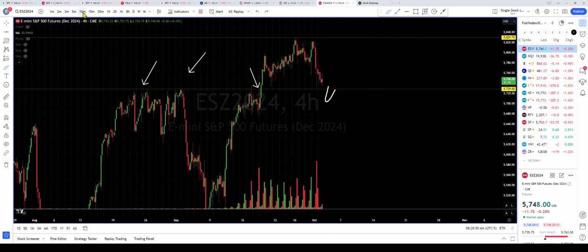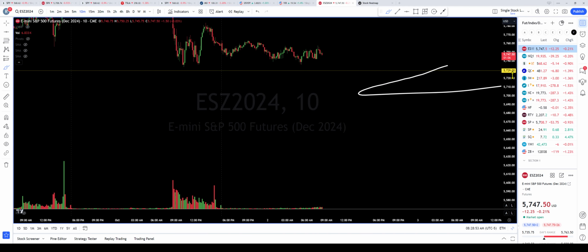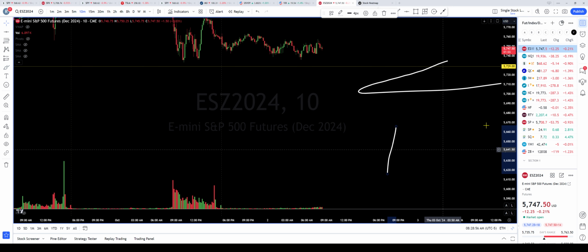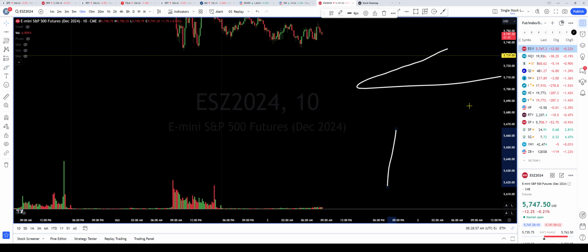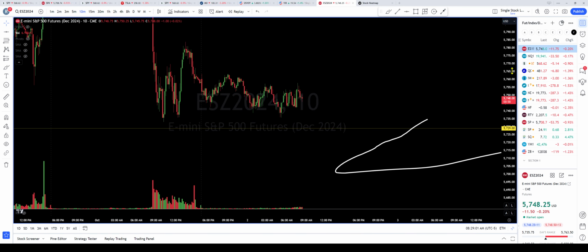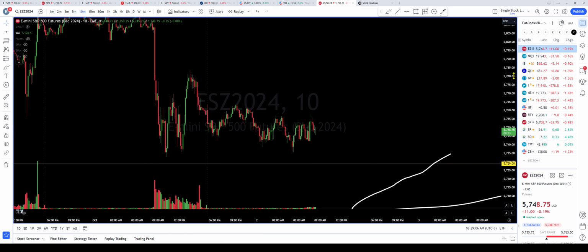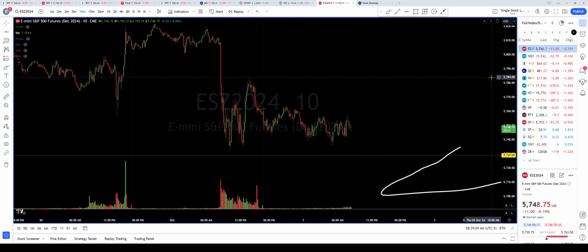Now if you switch over to the 10-minute chart and you're looking to trade a pop and fade on ES, or on SPY, I would look for a pop this morning up to this fake out move at 57.85.